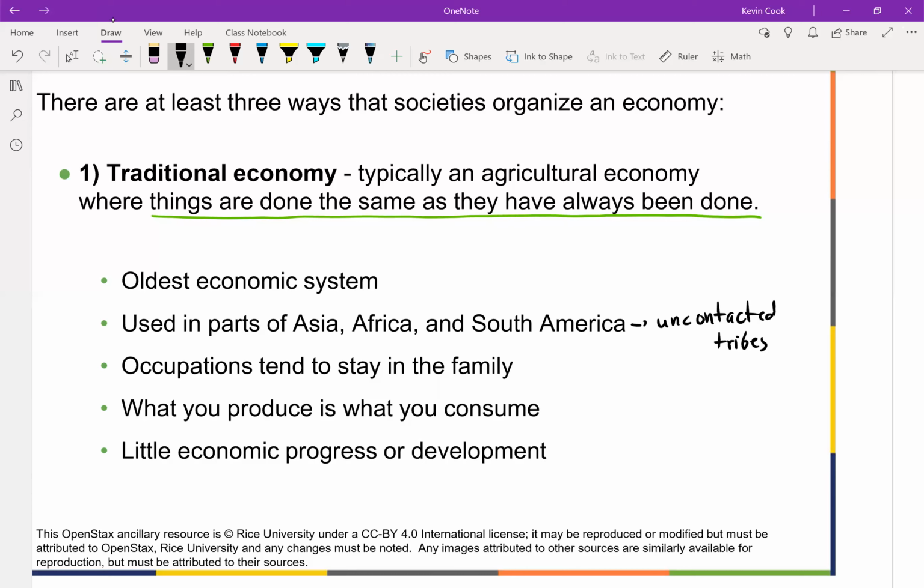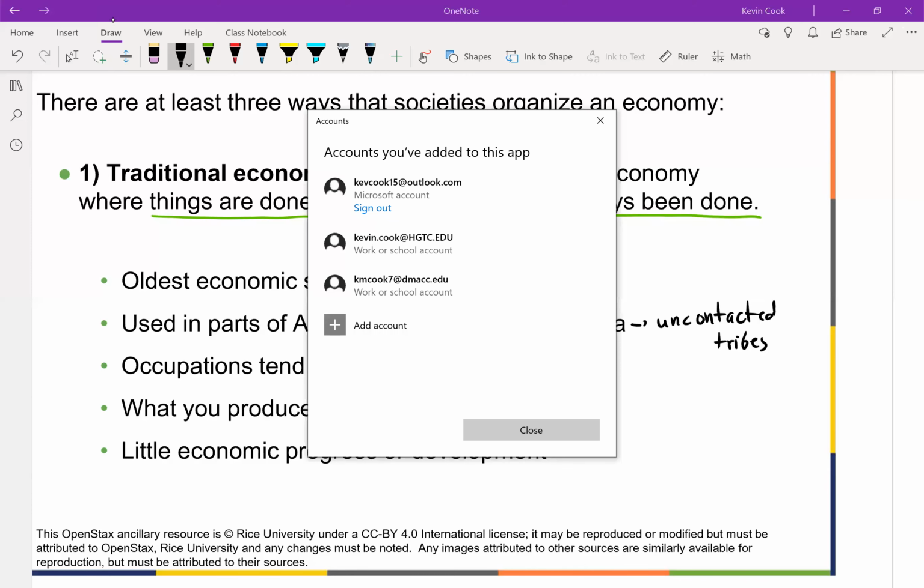I think there are three main reasons why. The first, we don't know what they're going to do if you came into contact. If I went into their territory, they might kill me, just because they're not really open to outsiders.